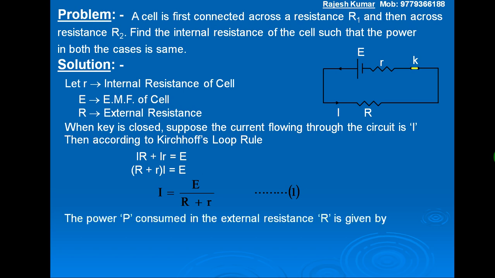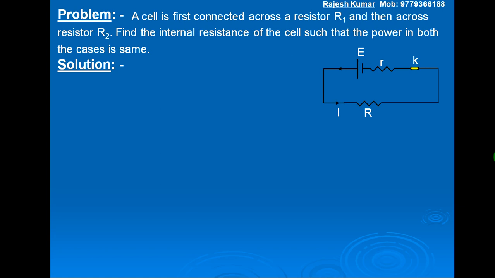The power P consumed in the external resistance R is given by P is equal to I square into R, or P is equal to (E upon (R plus r)) whole square into R, putting the value of I from equation number 1.